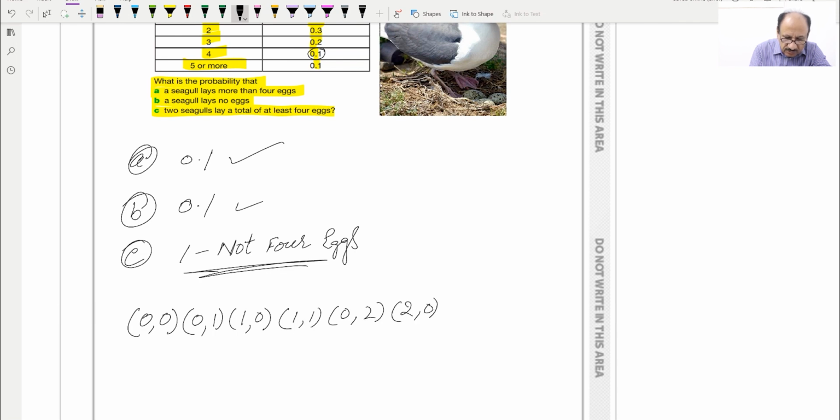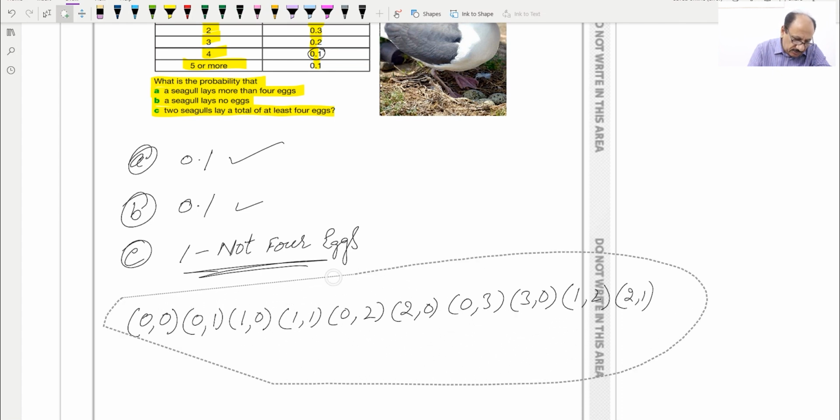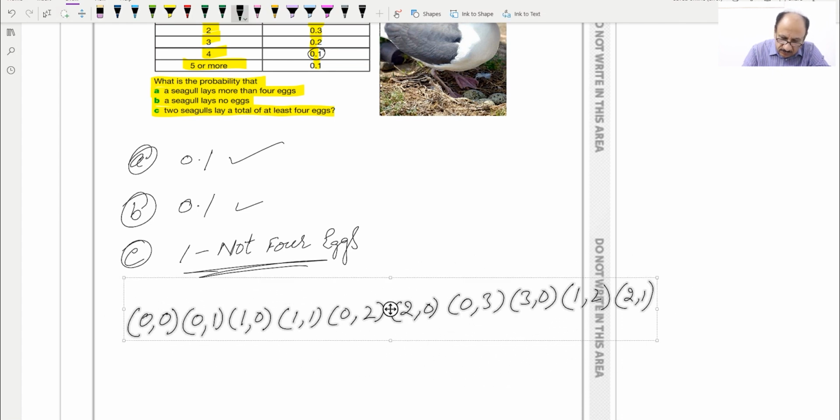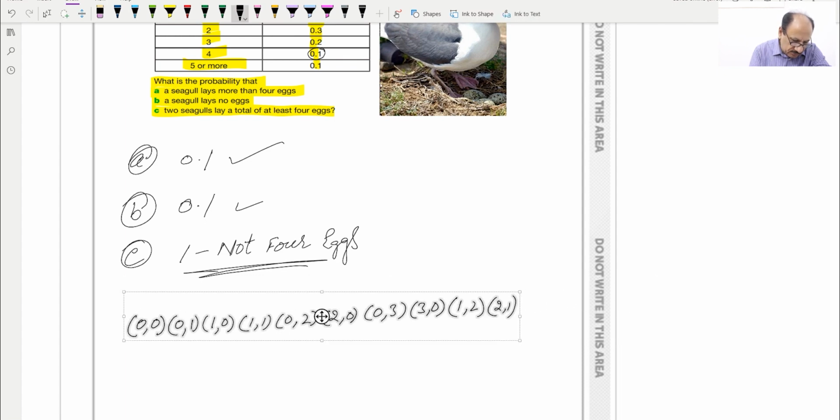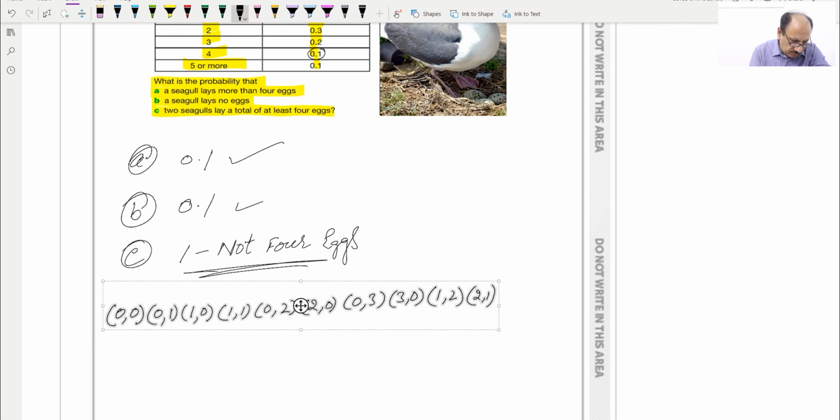Then 0 and 3, and 3 and 0. And then 1 and 2 we missed, right? So 1 and 2, and that will be 2 and 1. So from 0 to 3 we have taken all the options, and these are the probabilities we will be writing.